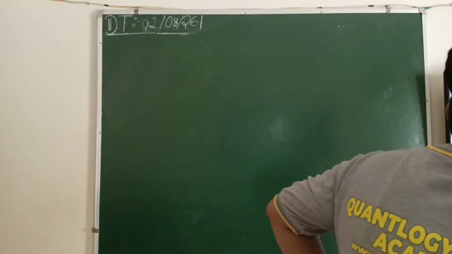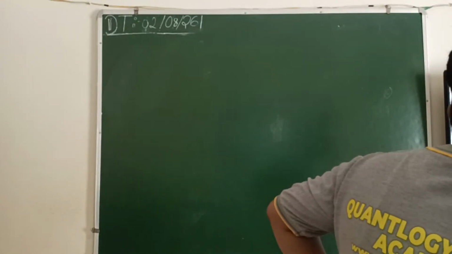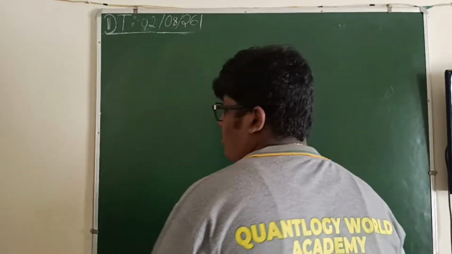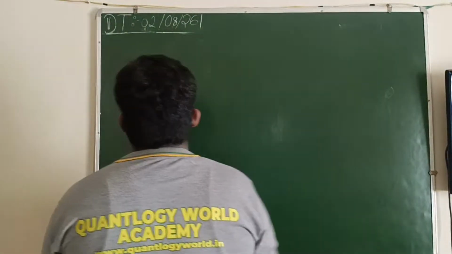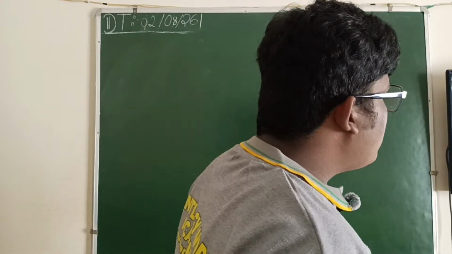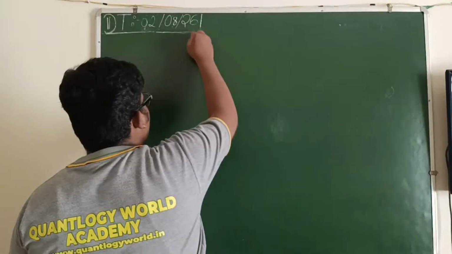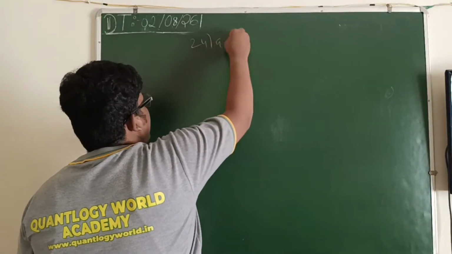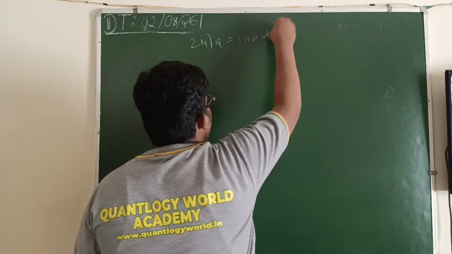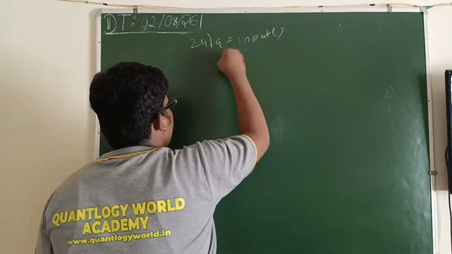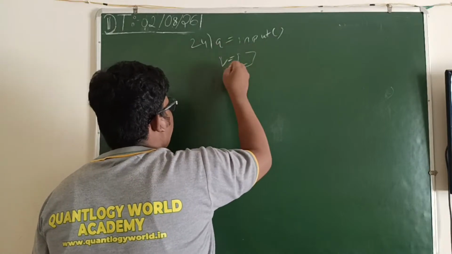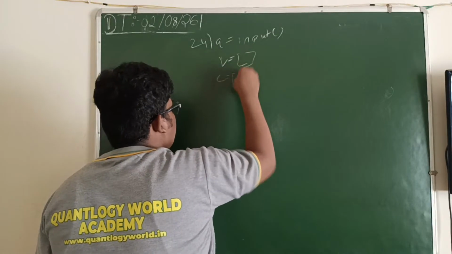Next is: write a program to input a string and make a vowel list and a consonant list. a equal to int, so not int, we will simply write input. Then b equal to an empty list, c also an empty list.